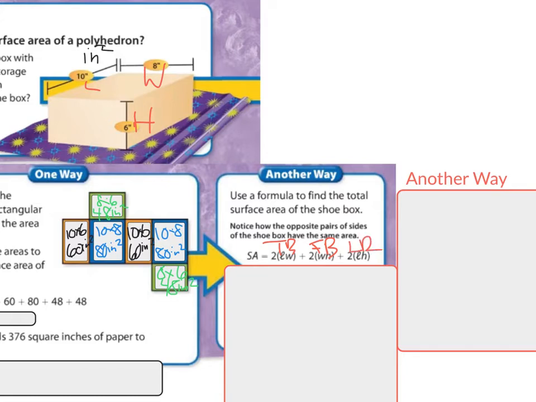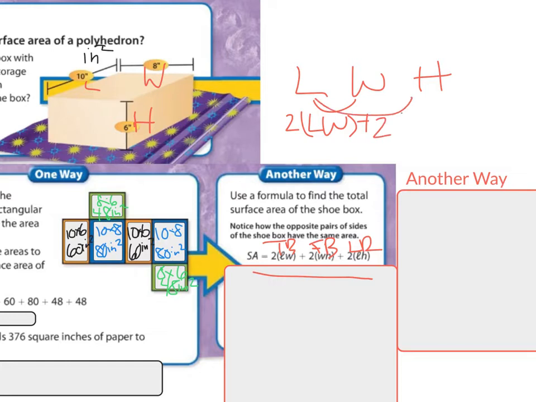Now, because we are going to need to remember this, you might say, Mr. C, I don't understand, how am I supposed to remember that? Well, it doesn't really have to go in that order. You're just combining all the letters in all the possible ways. So L can go with W, so 2LW, plus L could go with H, plus 2LH, plus, which one's left?